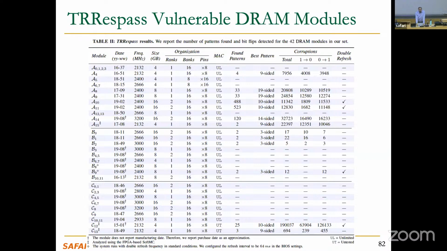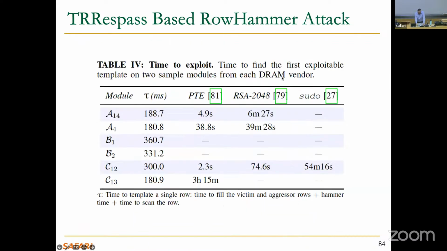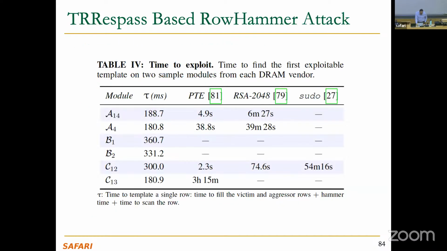And they test many chips from 3 major manufacturers that cover more than 99% of the market share. And they show that pretty much all of them are vulnerable. And they also test this on some mobile phones, and they show that they can actually have bit flips on these as well.